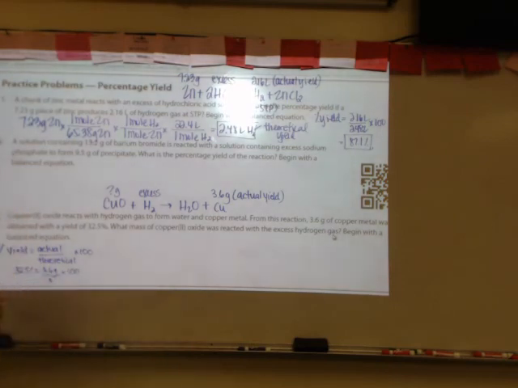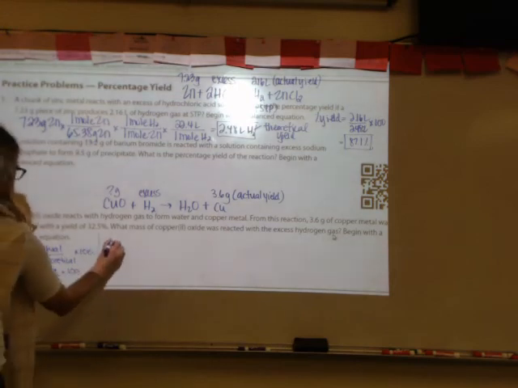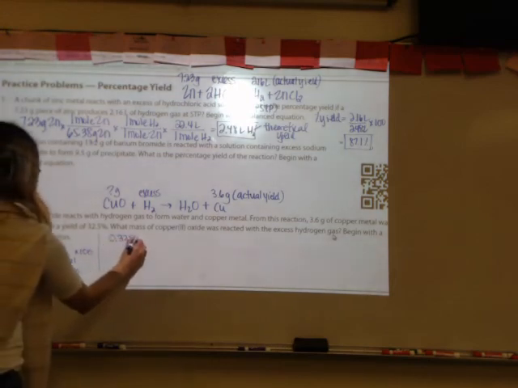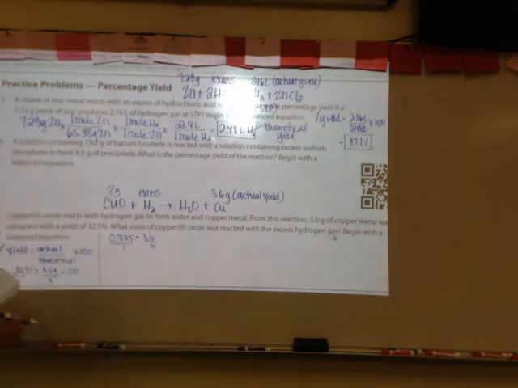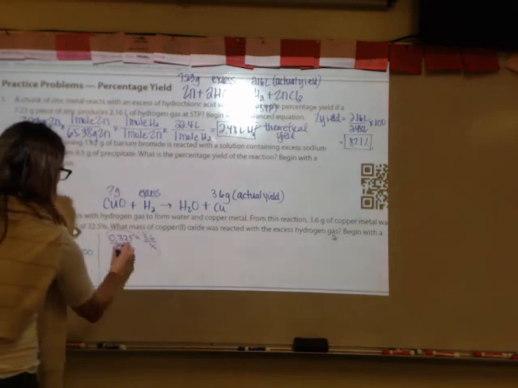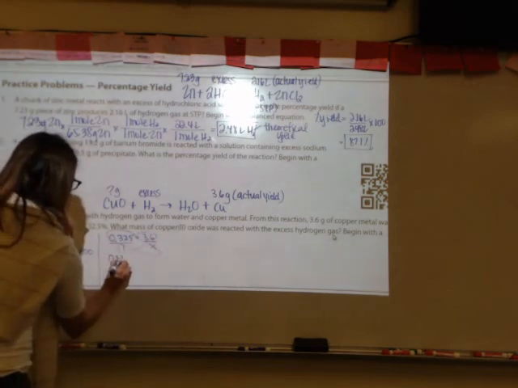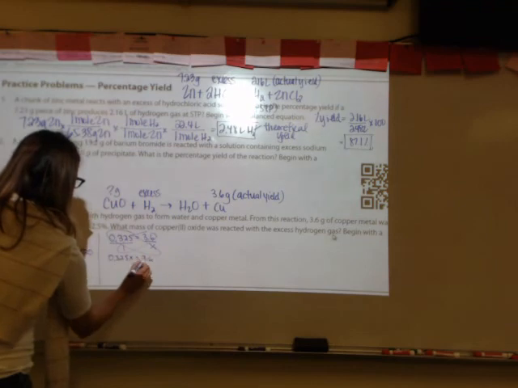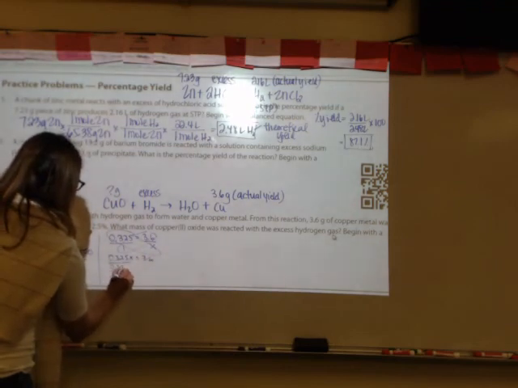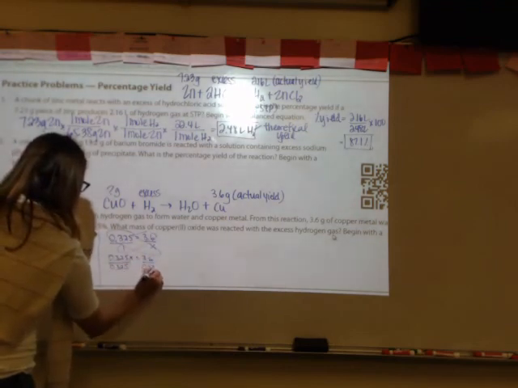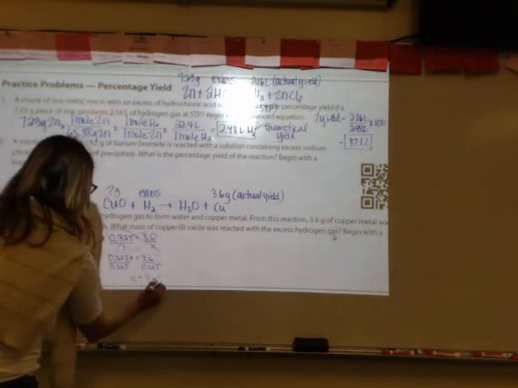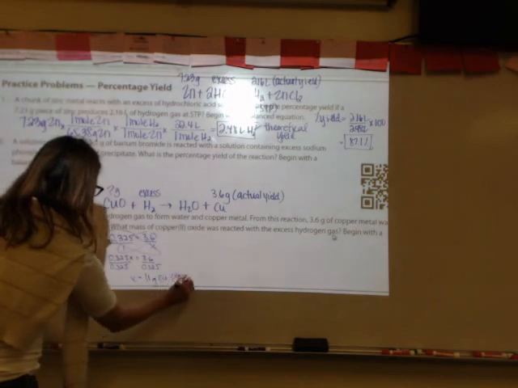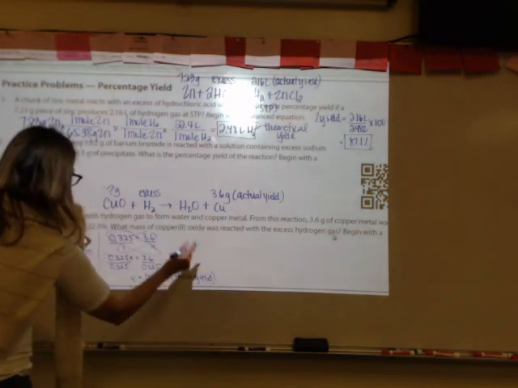I can get rid of this 100 if I move the decimal 2 places over to the left. So this is going to give me 0.325 equals 3.6 over X. Now if you put the 0.325 over 1 and cross multiply, we can solve for X, and you're going to end up with 11 grams of Cu for your theoretical yield.